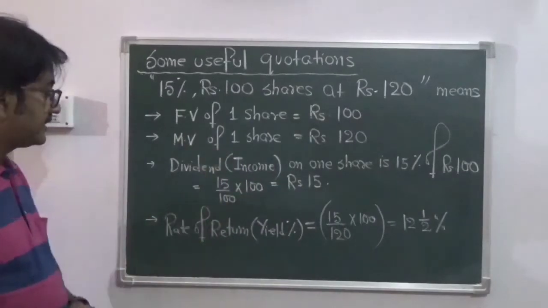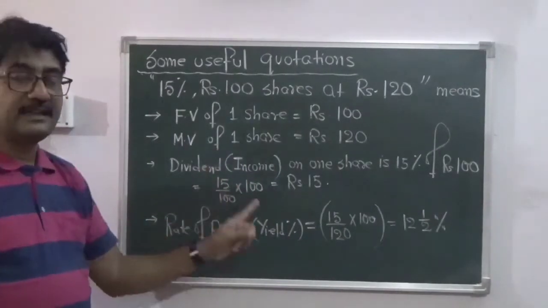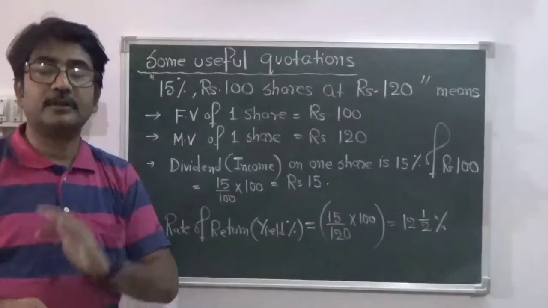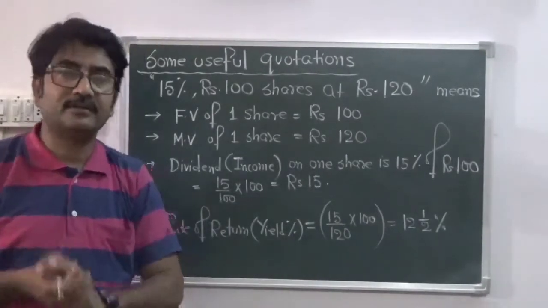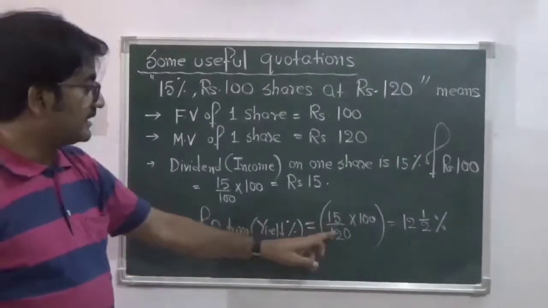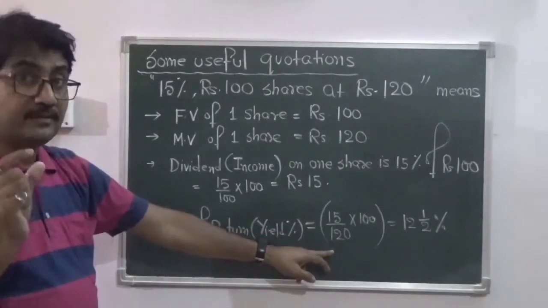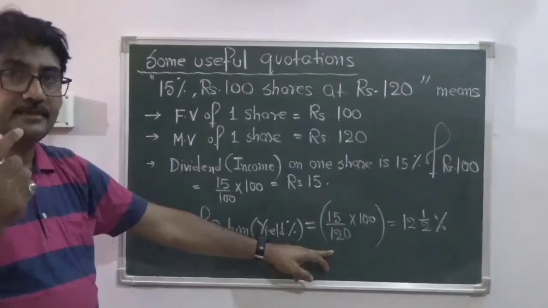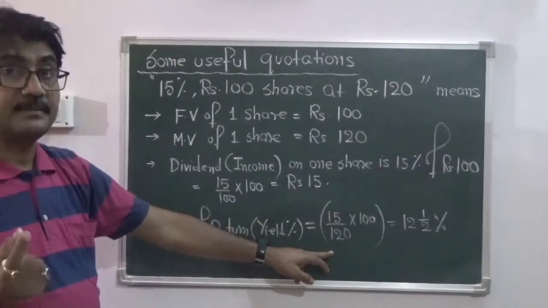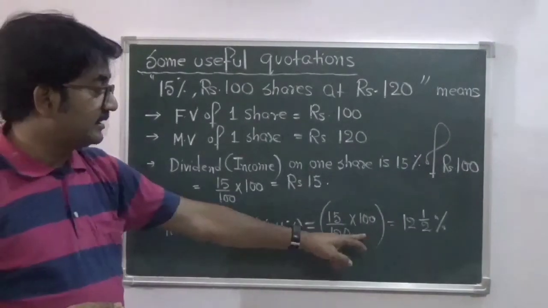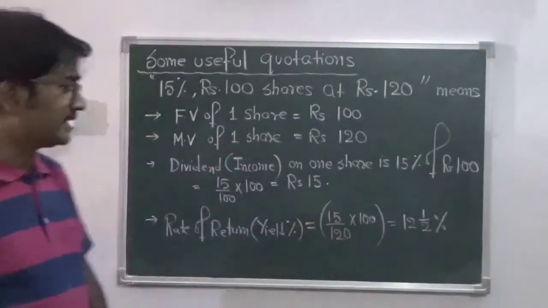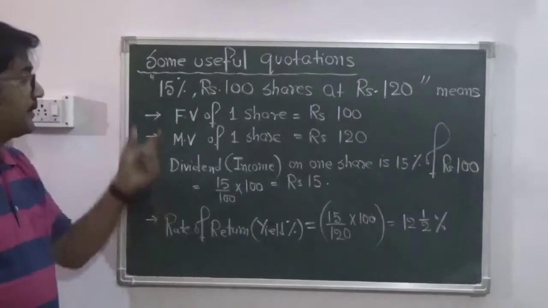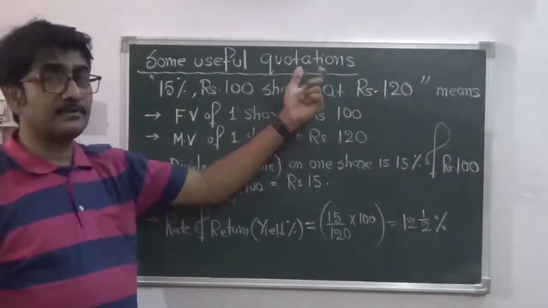And also we have discussed that the rate of return, or the yield percent, or the dividend percent, or you can say the profit percent, is calculated on the market value. So it is the income on one share divided by the investment on one share, that is the market value of one share, into 100. That comes to 12.5%. So let us repeat it again. 15%, rupees 100 shares at rupees 120.